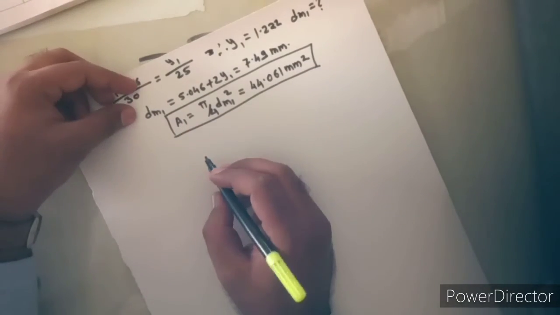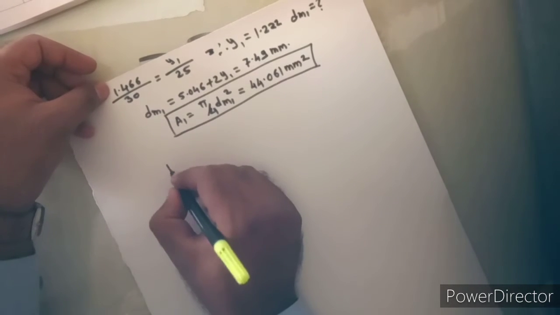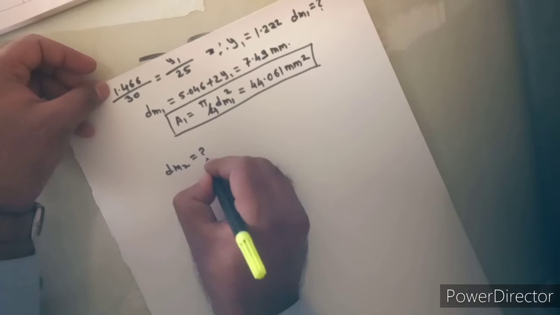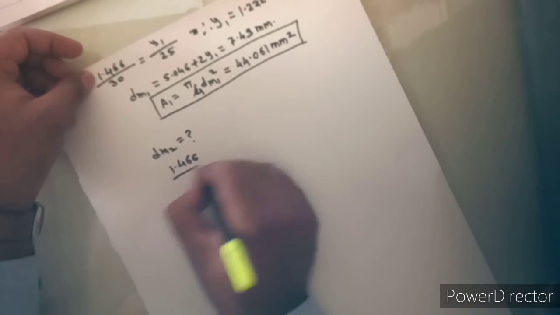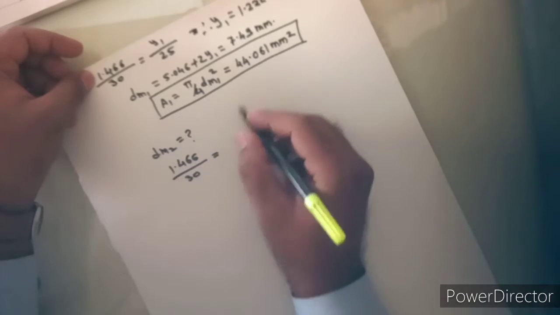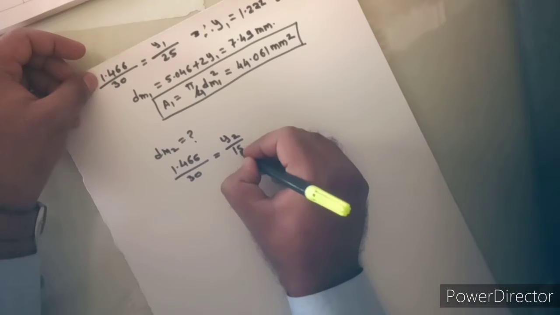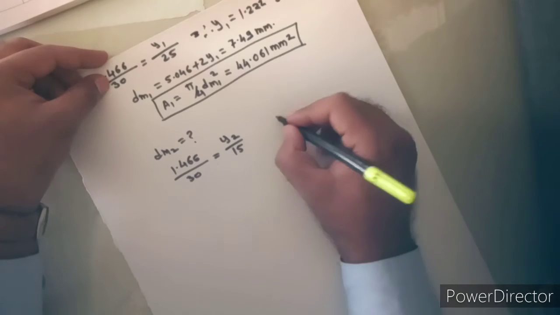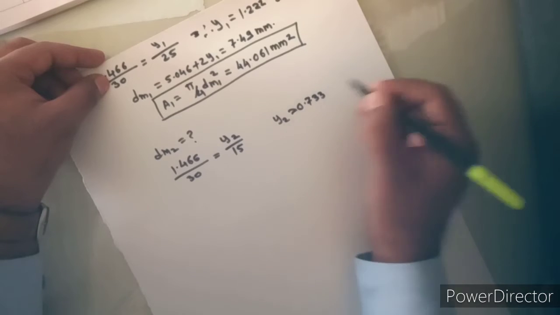Similarly, for finding DM2: 1.466 divided by 30 is equal to y2 divided by 15. Then y2 is equal to 0.733.